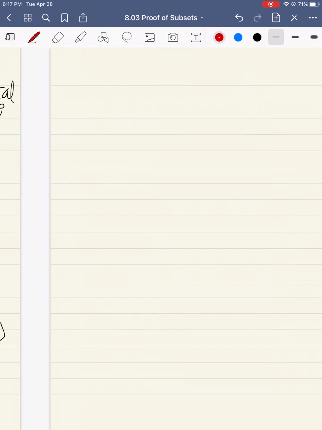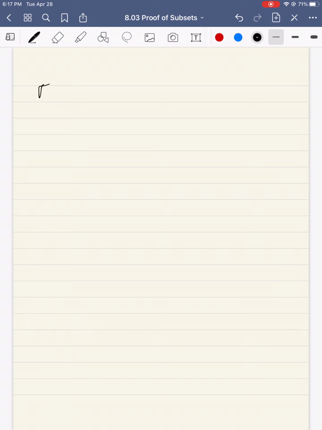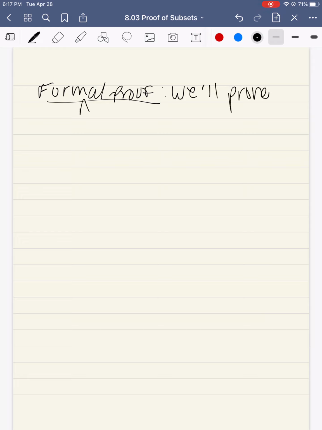So in both of these examples here, this is shown to be true. So let's go ahead and continue with a formal proof of this. So we'll prove X is an element of A if and only if X is an element of A complement complement is a tautology.